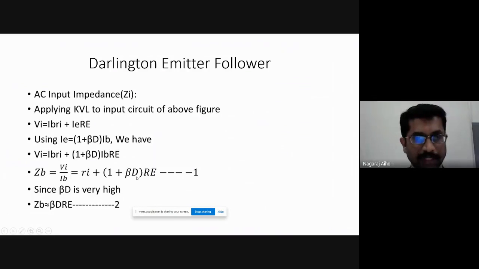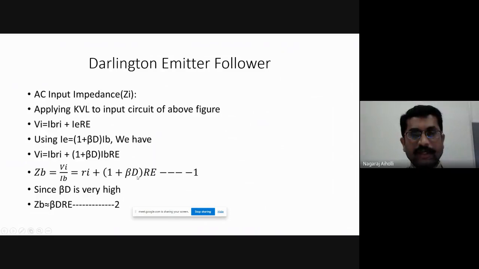Here beta d is very high. Beta d is the Darlington current gain, which is the current gain of two transistors, right? Therefore beta d is very high. As beta d is very high, (1 plus beta d) into Re will become simply beta d Re.